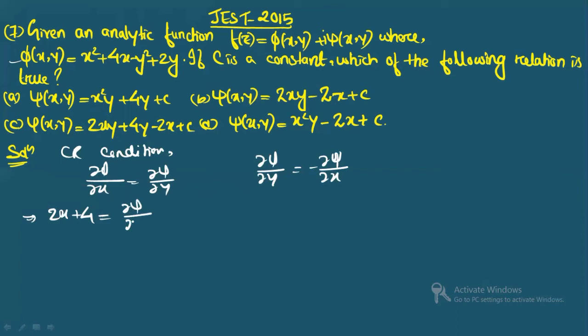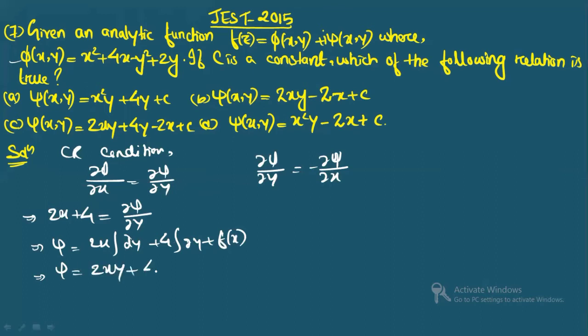This is del psi del y. So psi will be equals to what? 2x integration del y plus 4 integration del y plus constant will be f(x). So when you will do, you will get psi is equals to 2xy plus 4y plus f of x. This is equation 1.